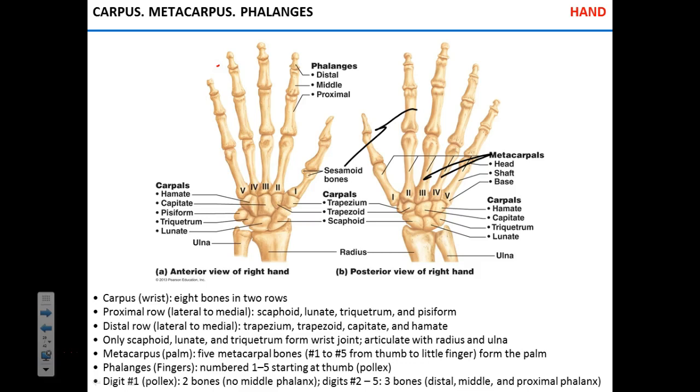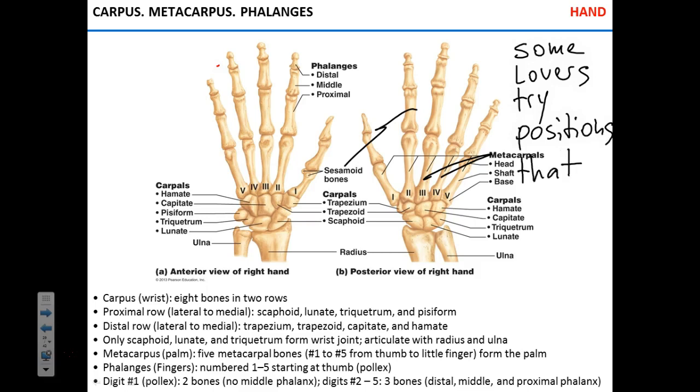So we start essentially with the scaphoid, right? We memorize first letters. Scaphoid: Some. Lunatum: Lovers. Triquetrum: Try. Pisiform: Positions. Trapezium: That. Trapezoid: They.